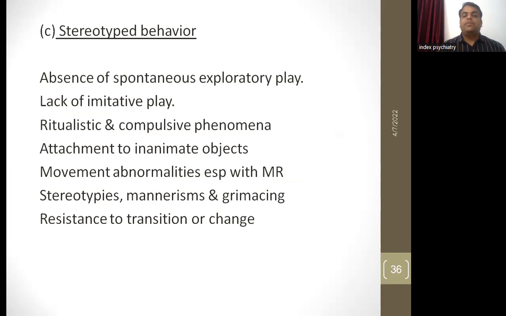Stereotyped behavior: absence of spontaneous exploratory play, lack of imitative play, ritualistic and compulsive phenomena, attachment to inanimate objects, movement abnormalities especially with intellectual disability, stereotypies, mannerisms, and grimacing, resistance to transition or change.